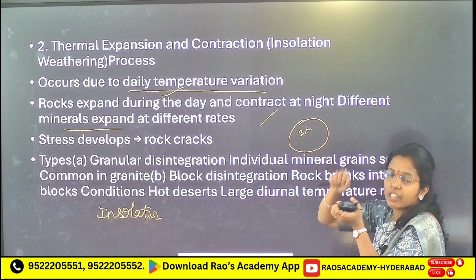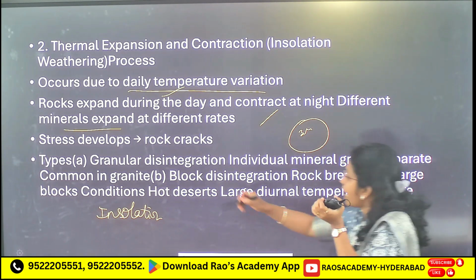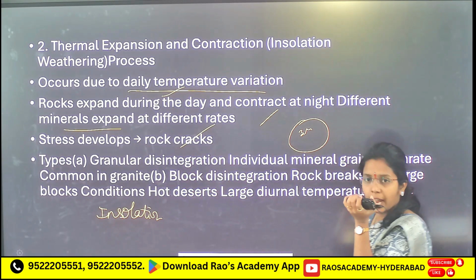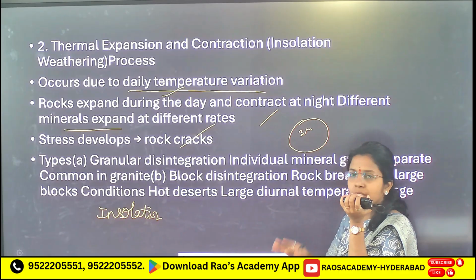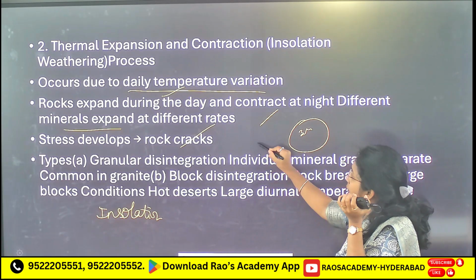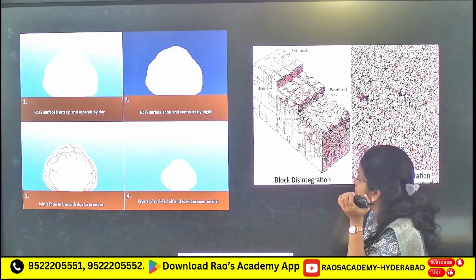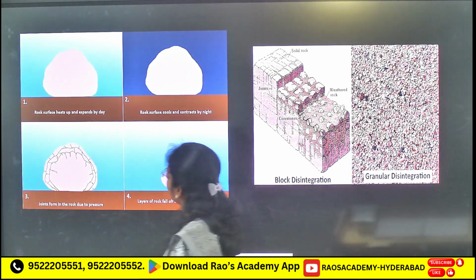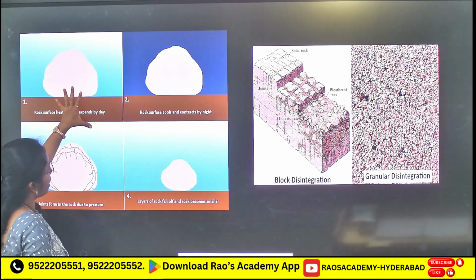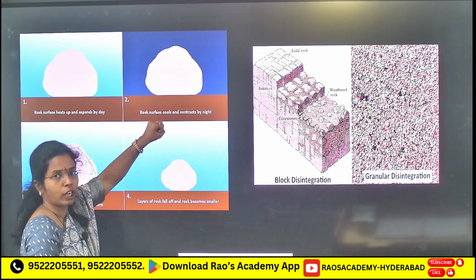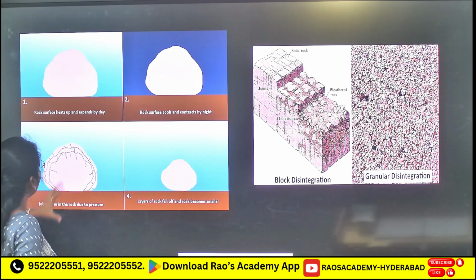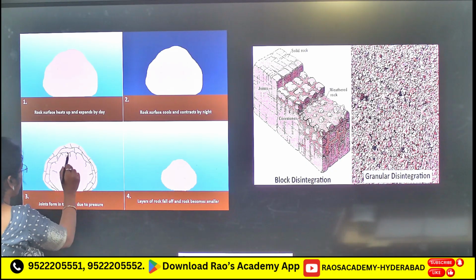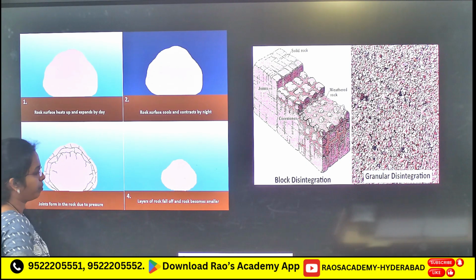Stress is created, and because of that stress the rock cracks, and after cracking, breaking down you will see after continuous thermal expansion. See, rock heats up and expands day by day, rock cools and contracts by night, expands, cools, expands, cools, and because of the stress you will see cracks.